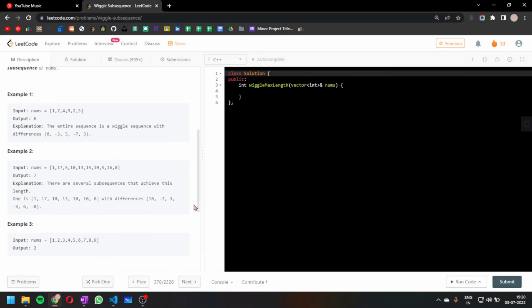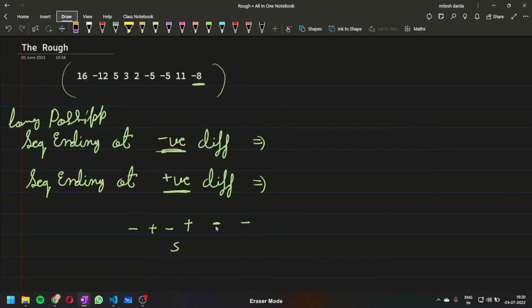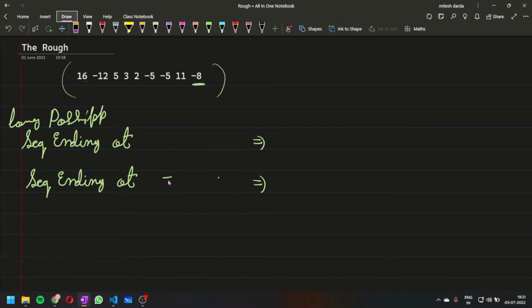So if we look at example number 2, our output is also 7. Okay, so this is the thing. Again we can do one more thing. Instead of subtracting, we can directly look at whether the number is greater or not. Let's say our array name was a.